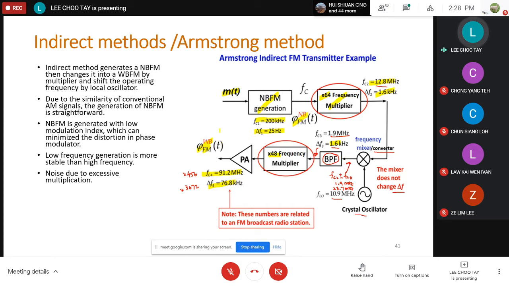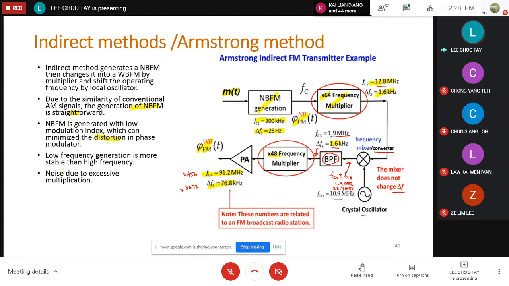The benefit of using this system, or Armstrong method, is that the generation of narrowband FM is very straightforward, so the components required are very minimal. This narrowband FM has a low modulation index, and because of the low modulation index, the distortion will be low as well.